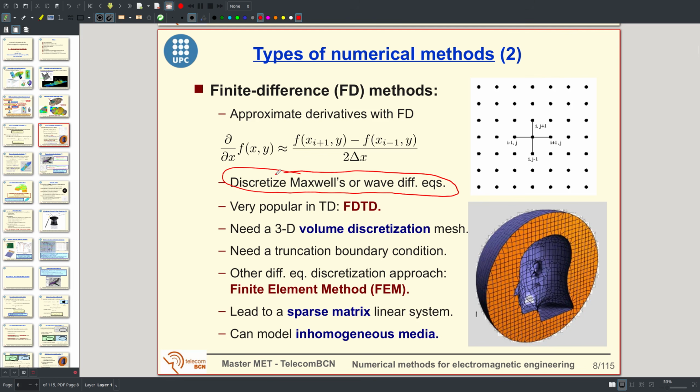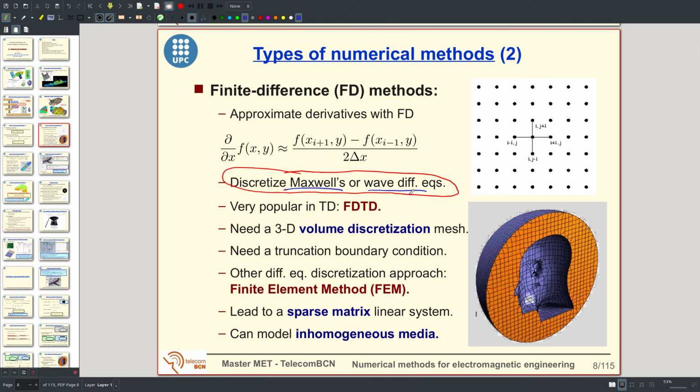Okay, only differences in differential operators. Examples of these equations are Maxwell's equations, which only have curls and divergence, or the wave equation, which only has Laplacians. Okay, they are equations having only differential operators.